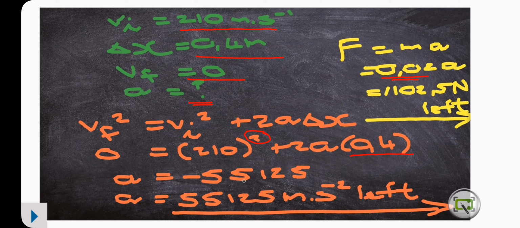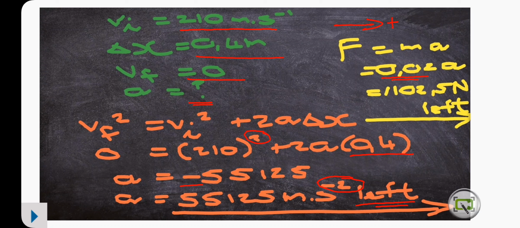We do some algebra and we see that we have a negative acceleration as an answer because it's decelerating in the block to eventually come to rest. Therefore, in our next step, we will say it is 55125 meters per second squared to the left, if we take right as being positive.